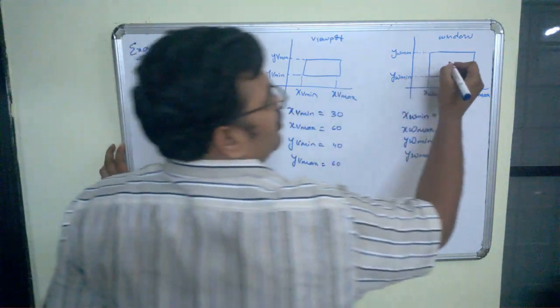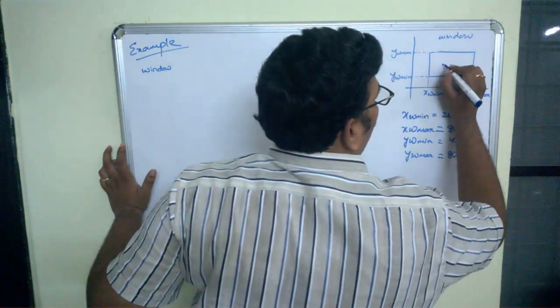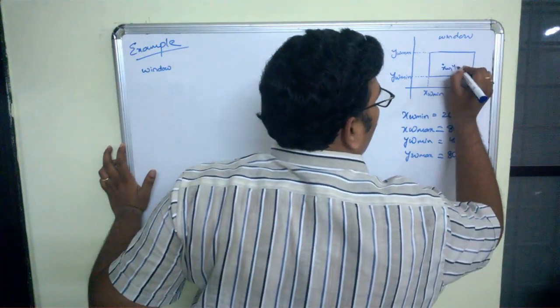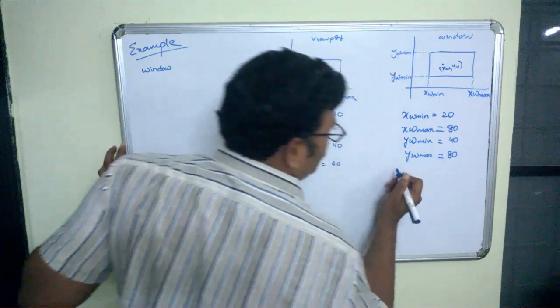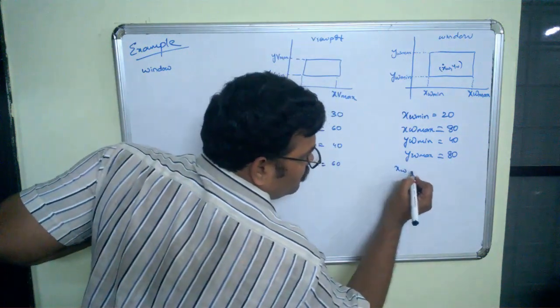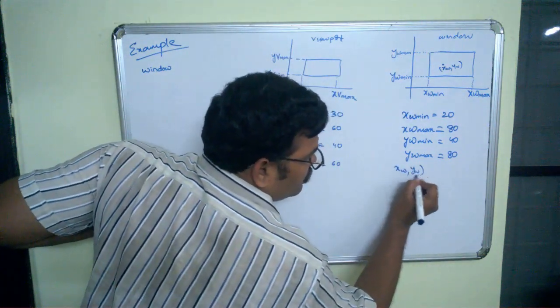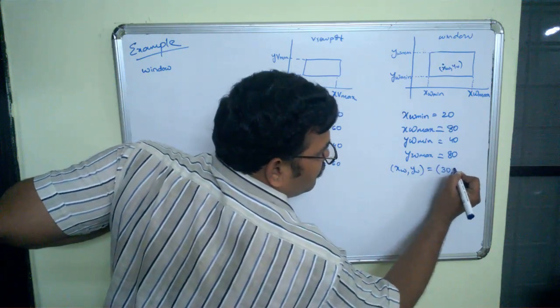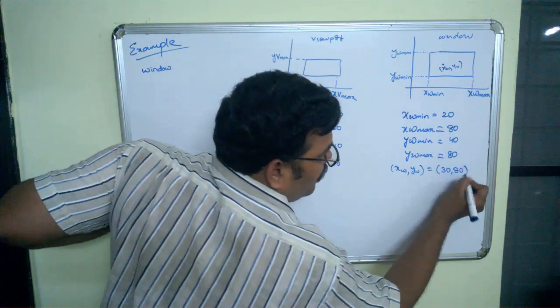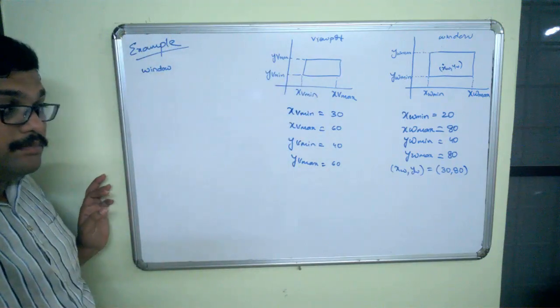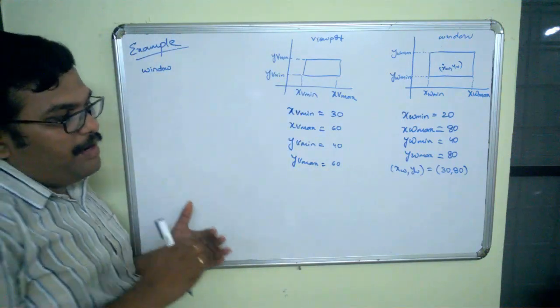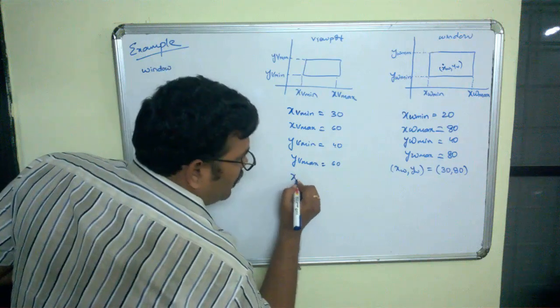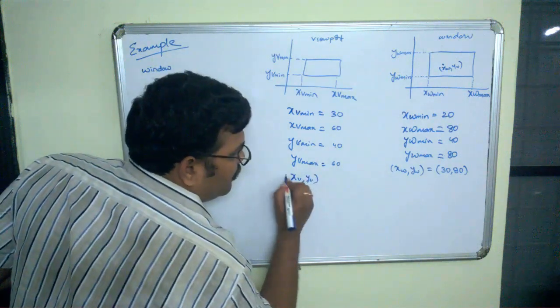Let us have the point XW, YW equal to 30, 80. We need to find XV, YV.